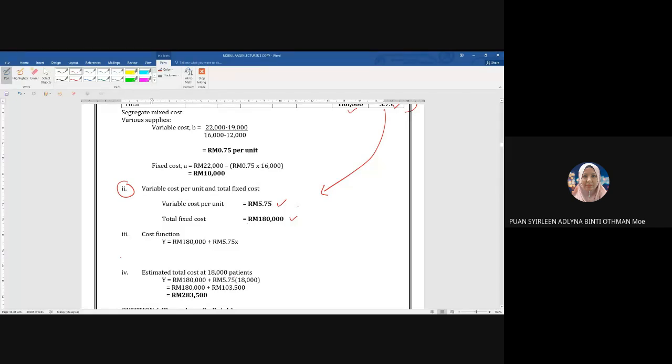Okay, ada apa-apa nak tanya? Clear? Ada soalan? Tak ada. Okay, kalau tak ada soalan, saya ada soalan. Okay, mari kita lihat siapa yang kena. Fazrina, are you here?